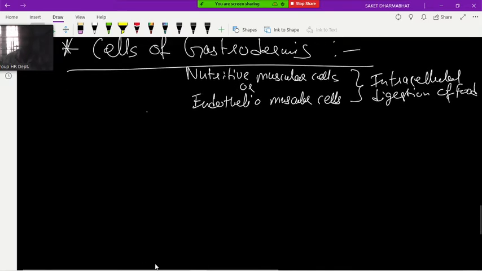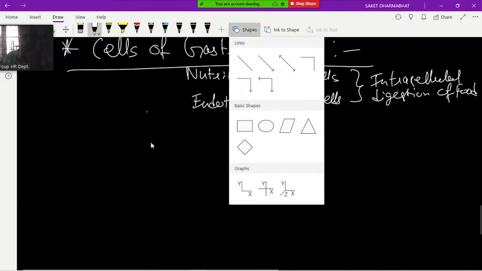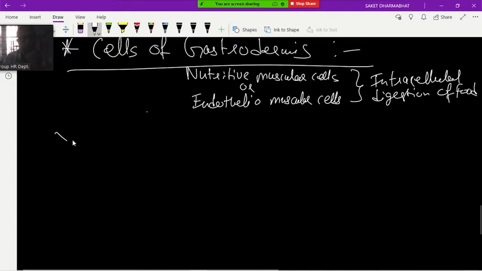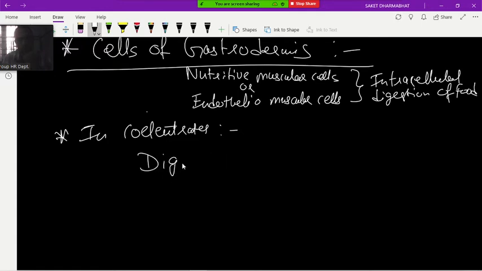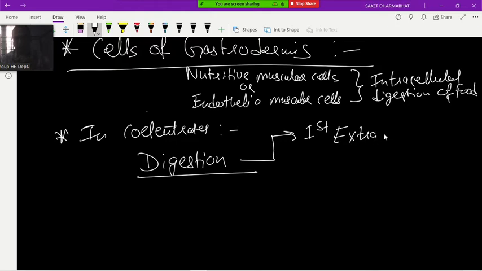Okay, so in coelenterates, digestion is first intracellular. No, sorry, first extracellular, in the coelenteron.